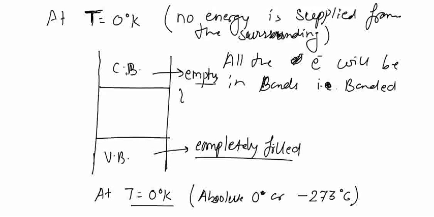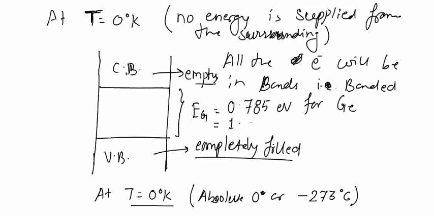And this energy band which is separating the valence band and conduction band has width Eg nearly 0.785 electron volts for germanium material, and around 1.21 electron volts for silicon.